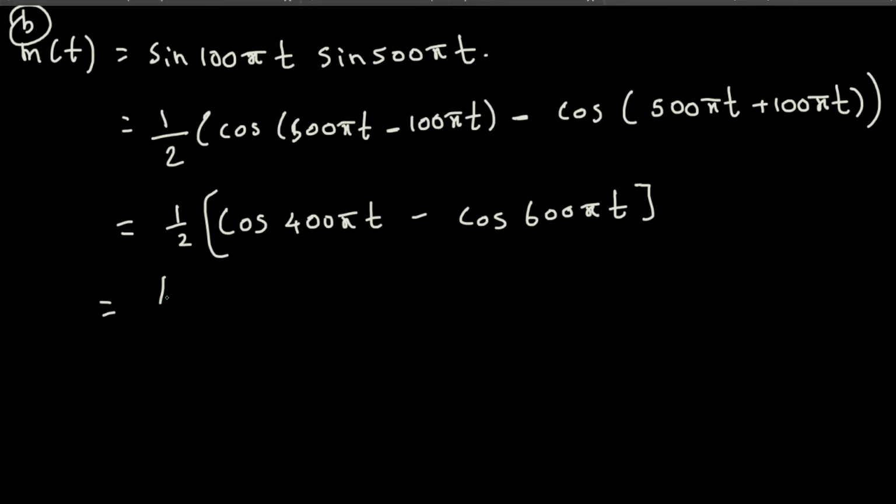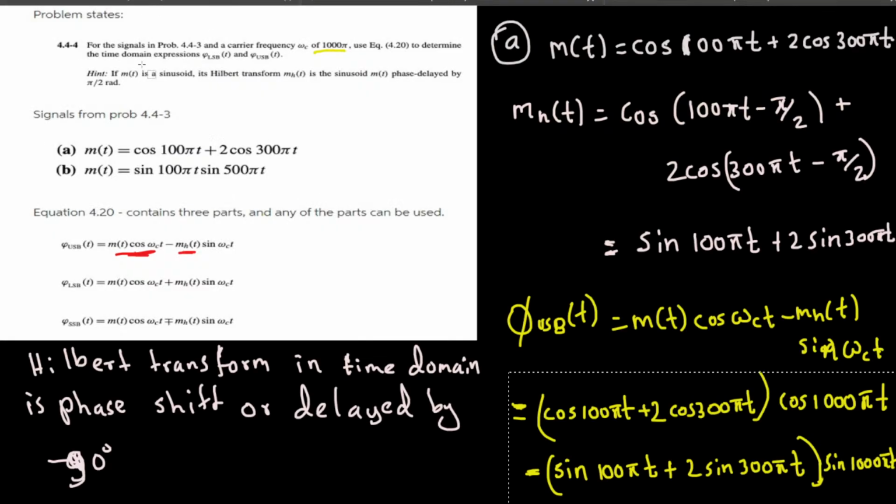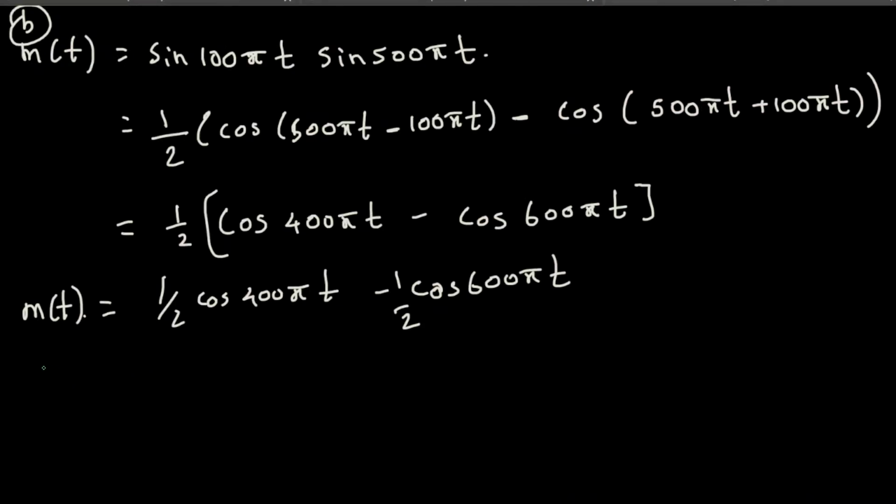So this is going to be half times cos 400 pi t minus half times cos 600 pi t, and this is m of t. Okay, now in order to express the upper side band and lower side band, we need the Hilbert transform as well. So we can just write the Hilbert transform of this one, mh of t, that is just the minus 90 degree shift.